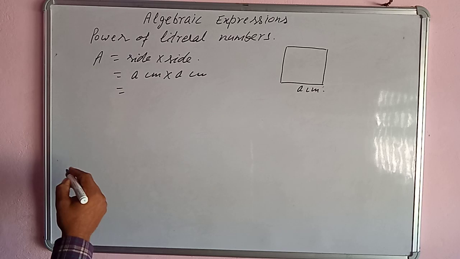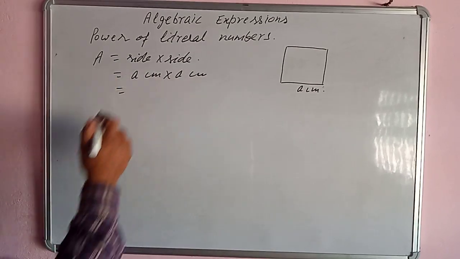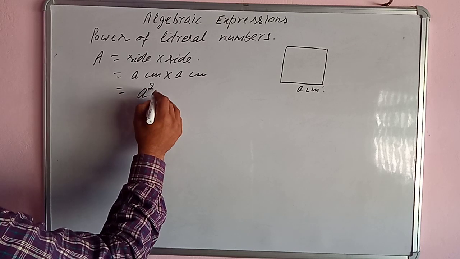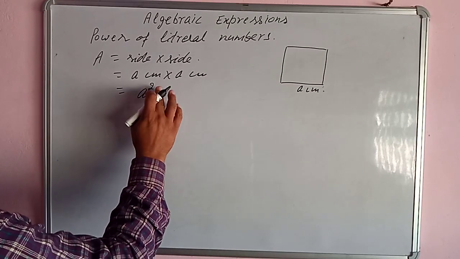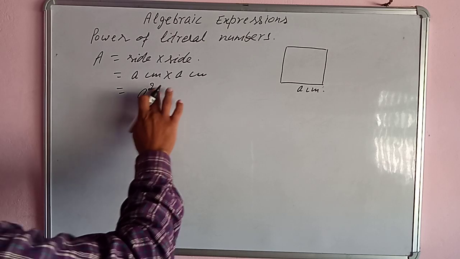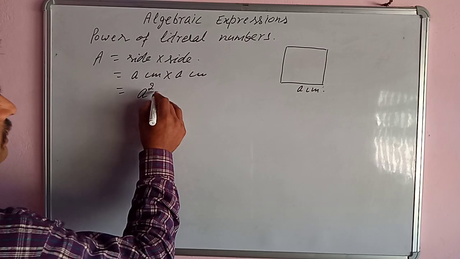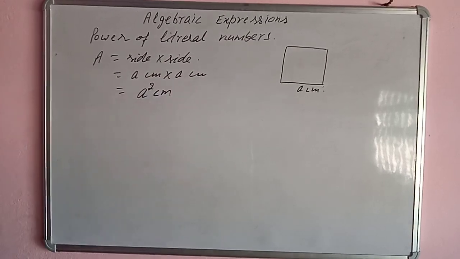How many times have we multiplied a? We have multiplied a 2 times, so we will write a square. And what is the unit here? That is centimeter, so a square centimeter.